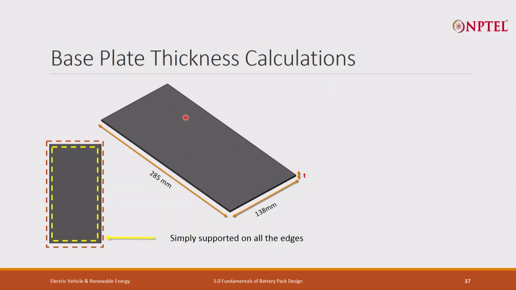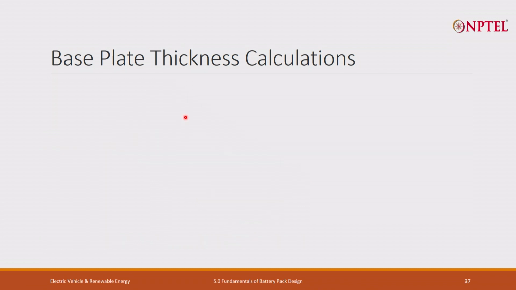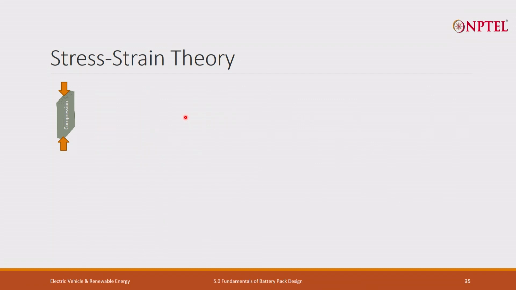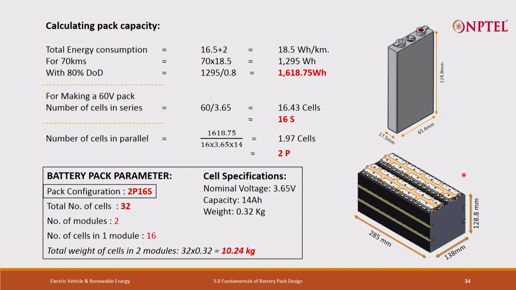Design of the base plate. What we see here, we know the cell dimensions: length, width and thickness, all the 3 things we know. Now we also know the way we wanted to keep the cells. We wanted to keep them in such a way that the module should not be very long and the width should not be very wide.